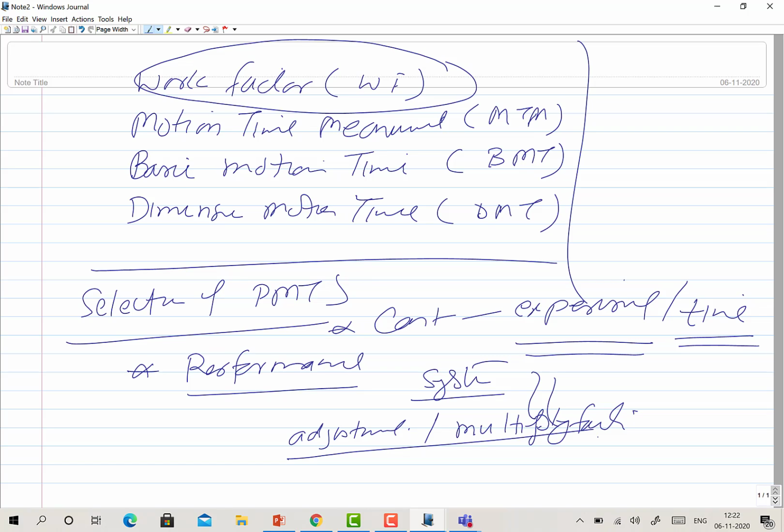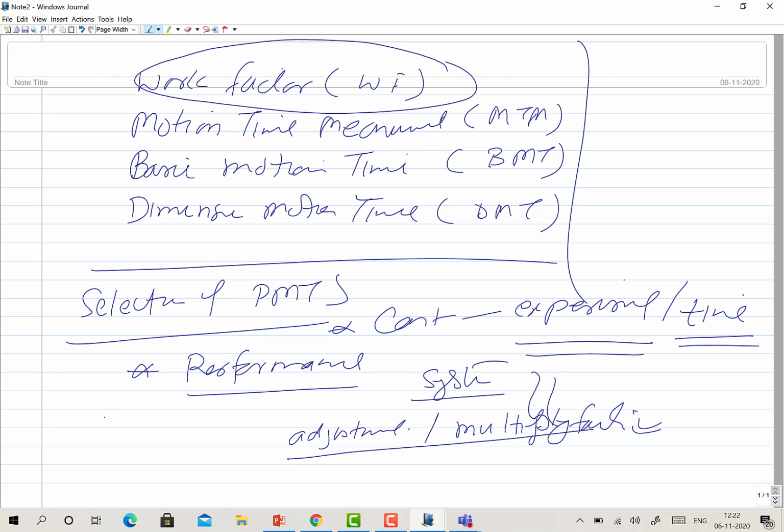Those time values are multiplied by the adjustment or multiplying factor, considering the higher or lower performance of a particular system, and the suitable time values for those elements are identified and used to determine the time that a particular method will take in a new or different system.